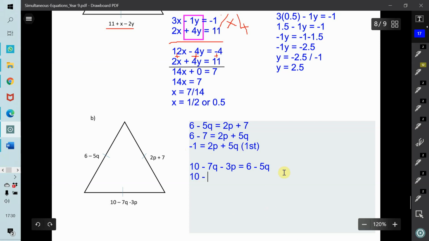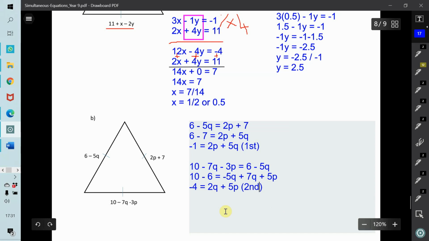So 10 minus 6 equals minus 5q plus 7q plus 3p. Okay, 10 minus 6 is 4, minus 5 plus 7 is 2q, plus 3p. And that's my second one.